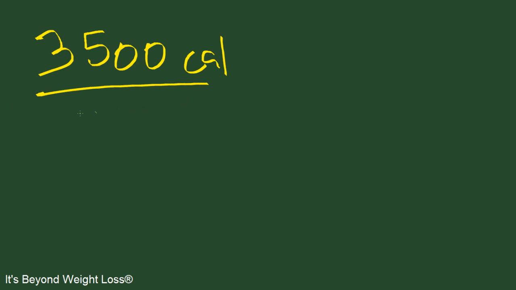The next important piece of information to know is that it takes right around 3,500 calories to be burned by the human body in order to lose 1 pound of fat. It's a widely accepted value in the healthcare industry that 2 pounds of weight loss per week is healthy.